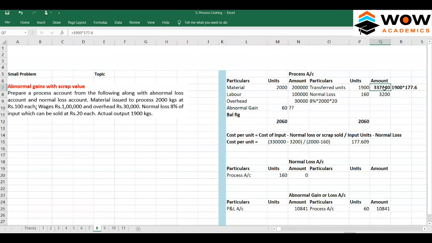So we got this amount. Let's total both. It comes to 340,640. Copy this, paste this side.